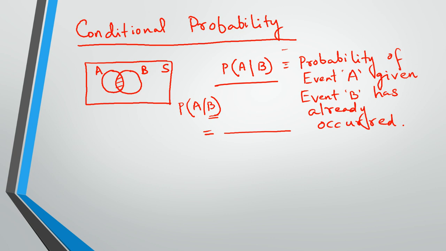That means now B is our sample space, and what is the probability that A part can occur? That means this much portion can occur. So we will write probability of A intersection B, that is this much part, divided by the sample space, which is B now, probability of B.